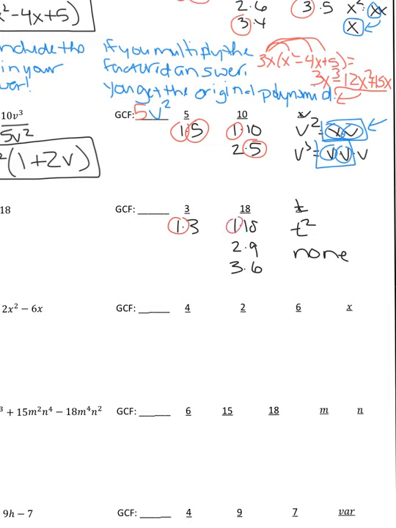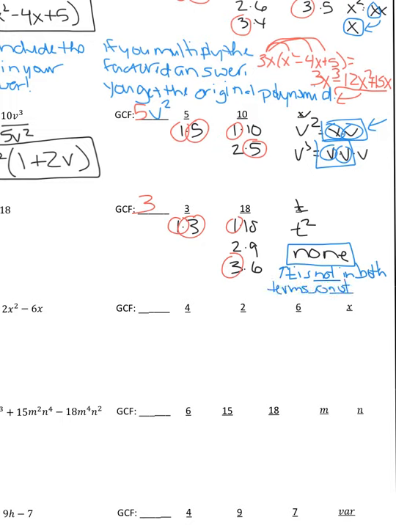And so let's look at my numbers here. I have 1 and 1, and I have 3 and 3. So my GCF is 3. If I look at my letters, I have t squared, and then I have none. If we have none in one of them, then we cannot divide out a t, right? So t is not in both terms, so not in the GCF, right?